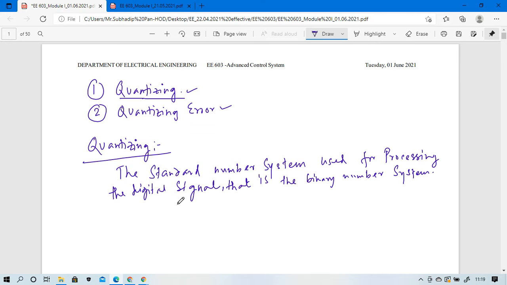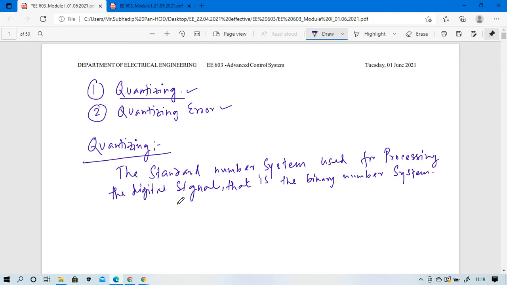A digital signal is nothing but a number system that is inserted into a particular digital controller or digital computer, and depending upon the number system you give to the system, the digital computer gives the output in a discrete form.